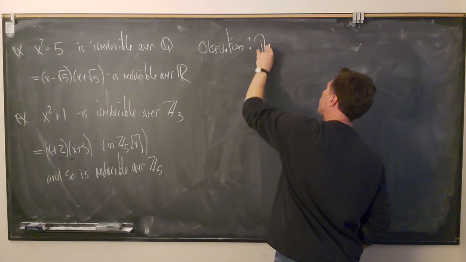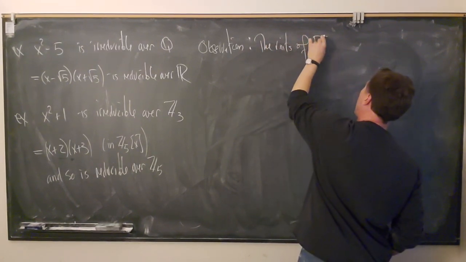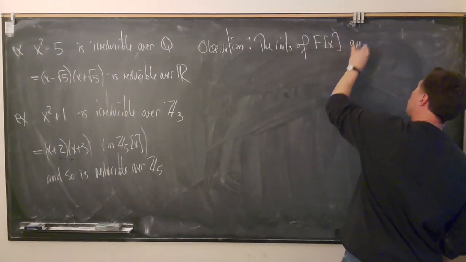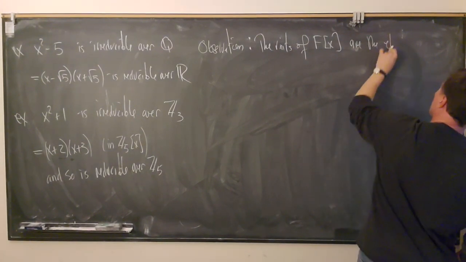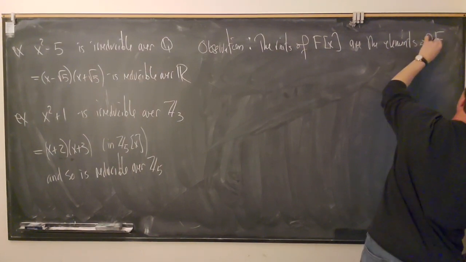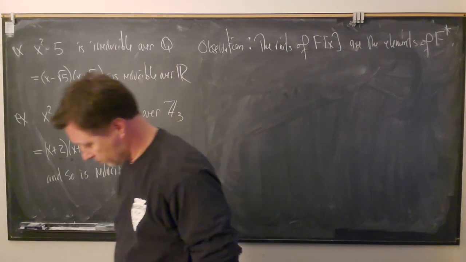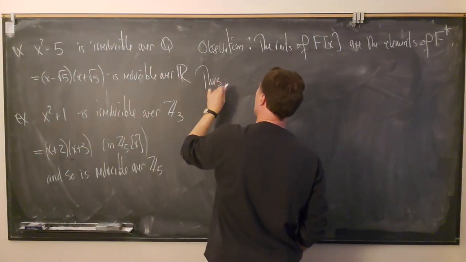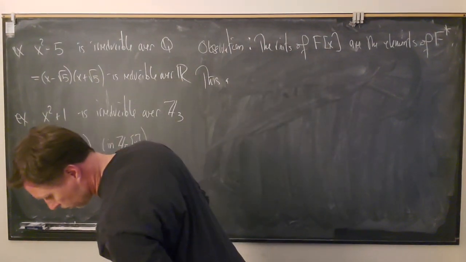The units of F bracket x, where F is a field, are the non-zero elements of F, the elements of F star.